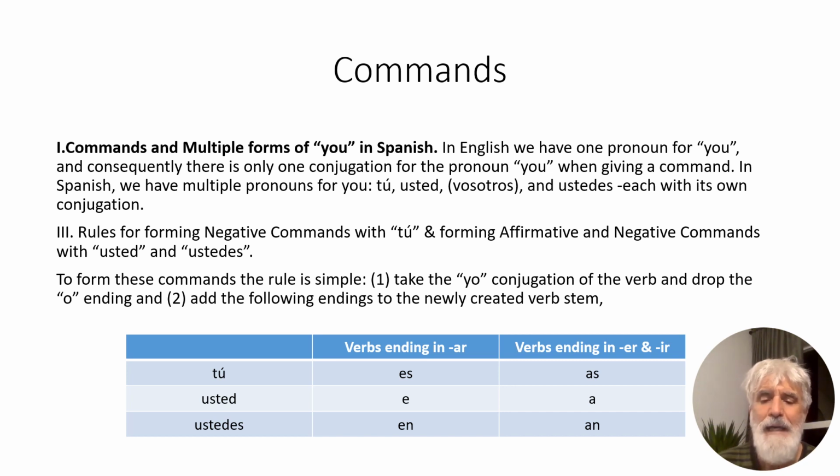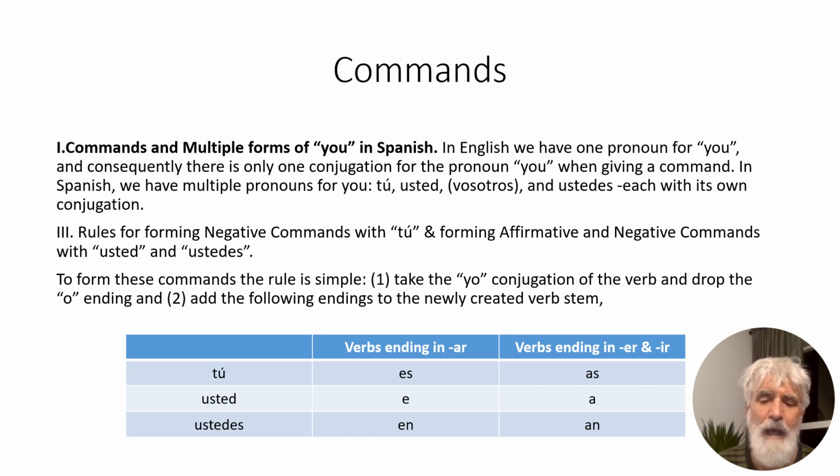How do we form commands? We all know how to conjugate verbs now in the present tense with yo. So we conjugate the verb in the yo form, and then we drop the o of the yo conjugation, and then we add these specific endings.